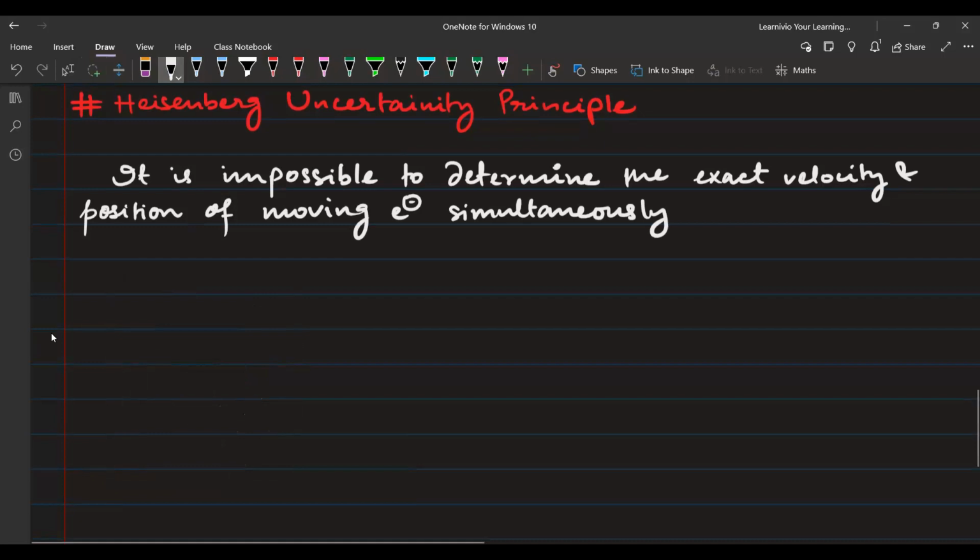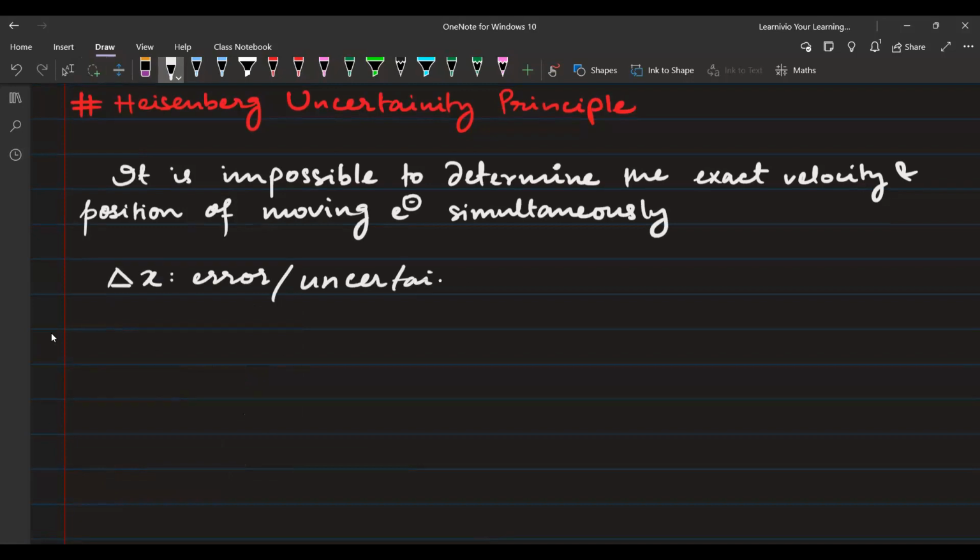Okay. But delta x, that is the error, or this is also called uncertainty in position. After that is delta v, that is the error or uncertainty in velocity.